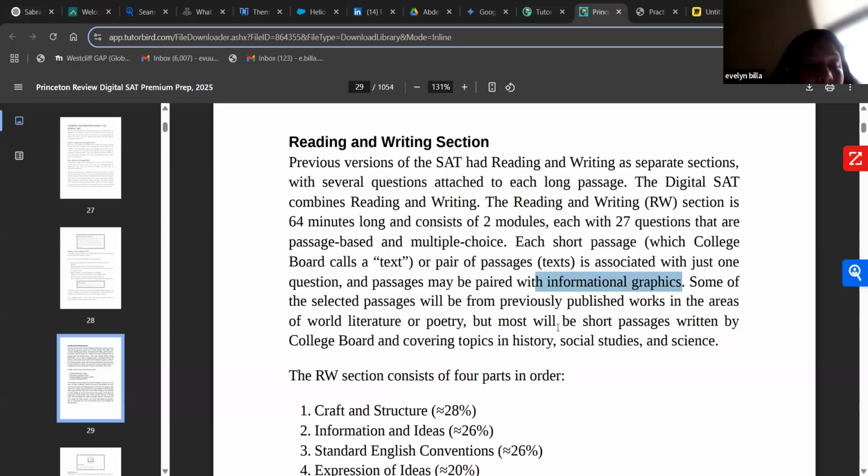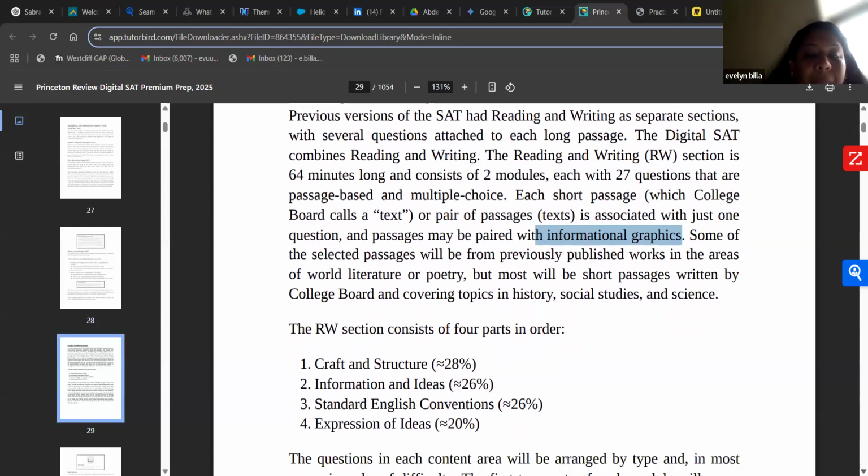So it is time consuming. Most of the graphs will have numbers in them and ask you to correlate the question and the numbers. So this is also one of the difficult parts of information graphs in the reading section. We'll talk about that later. I will cover that in our class as well.